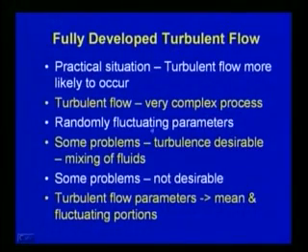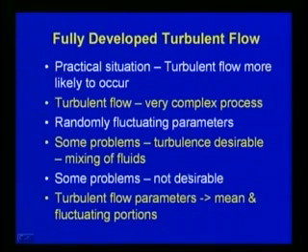So, most of the parameters are randomly fluctuating parameters, and as far as turbulence is concerned, sometimes it is desirable and many times it is not desirable depending upon the condition. For example, if you consider the mixing of chemicals or mixing fluids, then turbulence is desirable, but in many other situations the turbulent flow condition is not desirable, but we cannot avoid it since it depends upon the velocity of flow.